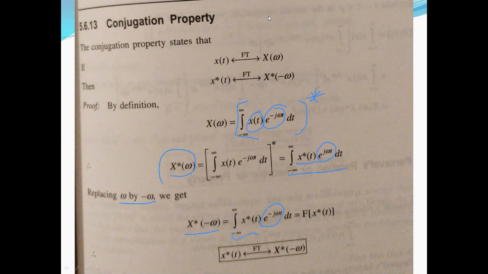Hence this turns into the formula of Fourier transform where in place of x of t there is x star of t. So this is the Fourier transform of x star of t. Hence this has been proved. This is the conjugation property: the Fourier transform of x star of t will be X star of minus omega.